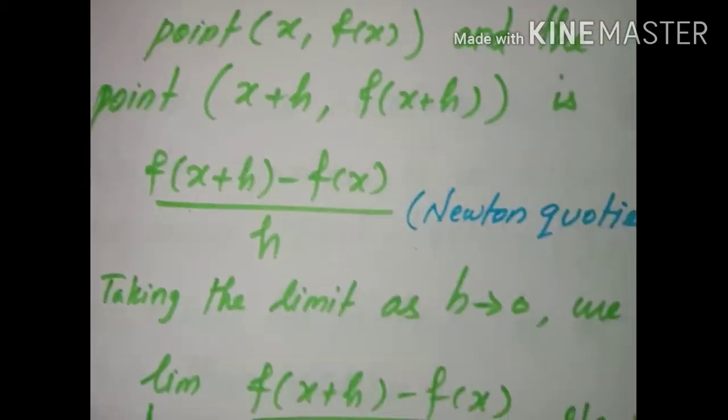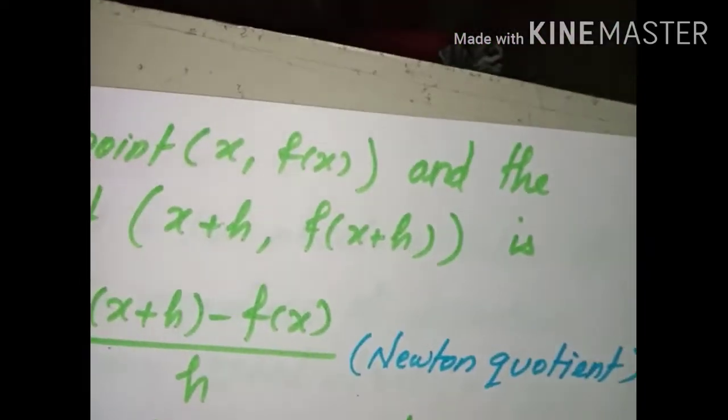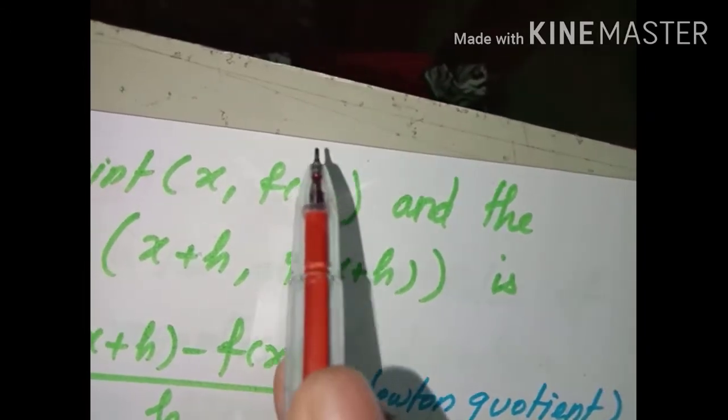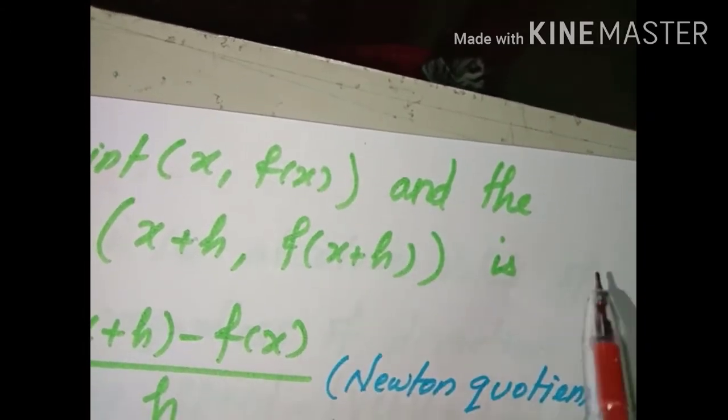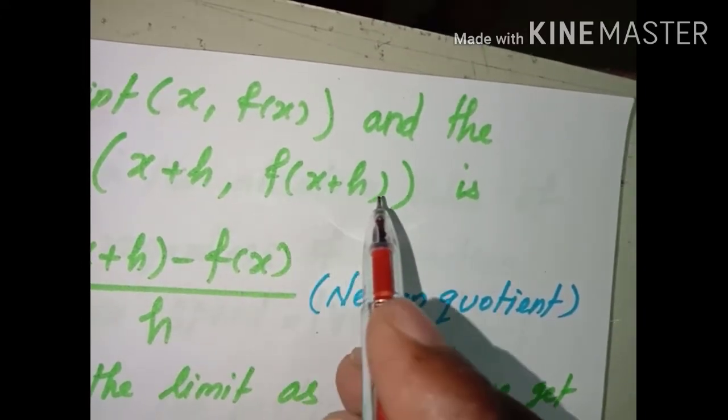The first point (x, f of x) means y is equal to f of x, and the second point is (x plus h, f of x plus h).